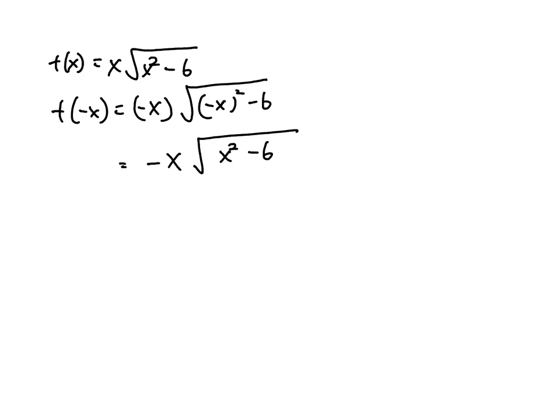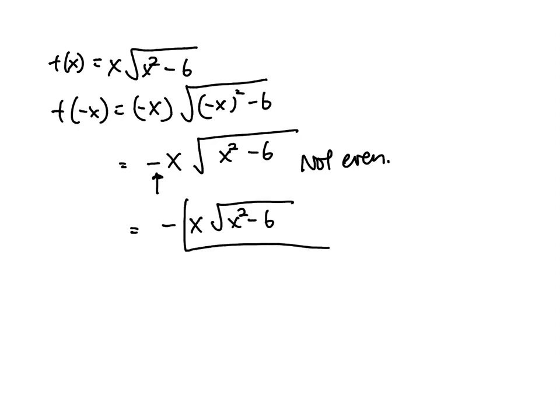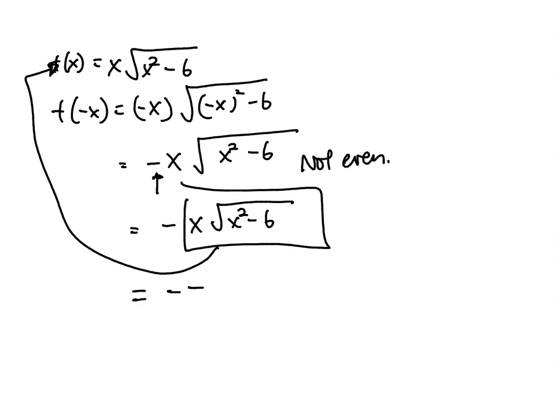Now this is definitely not even because of that negative sign. But if you realize the negative x square root of x squared minus 6, this whole thing is the same as negative f of x.